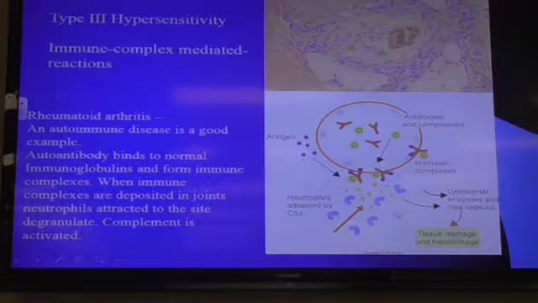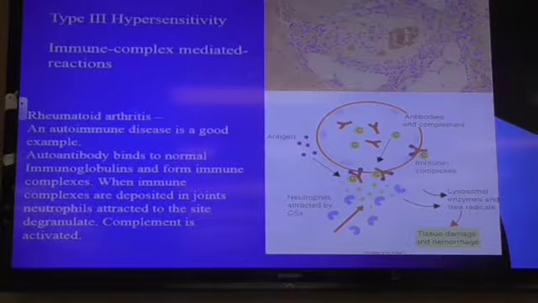When the neutrophils come, they degranulate. Neutrophil granules, as you know, are meant to kill ingested organisms. But in this case, they degranulate to the outside, and these granules contain enzymes which are degrading to the tissues. It also activates complement, and those are also damaging to the tissues here. So again, it's immune complex mediated, and where the immune complexes are deposited in the body, that's where the disease develops.